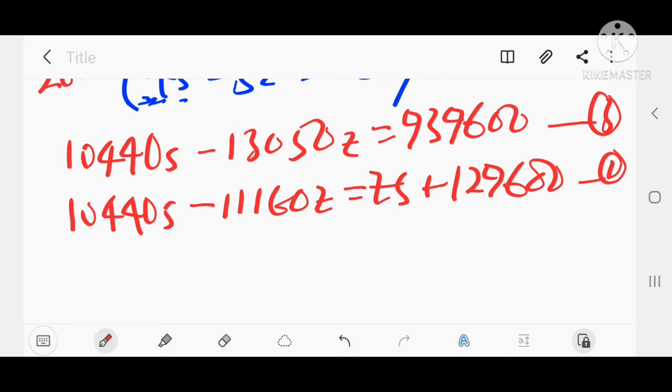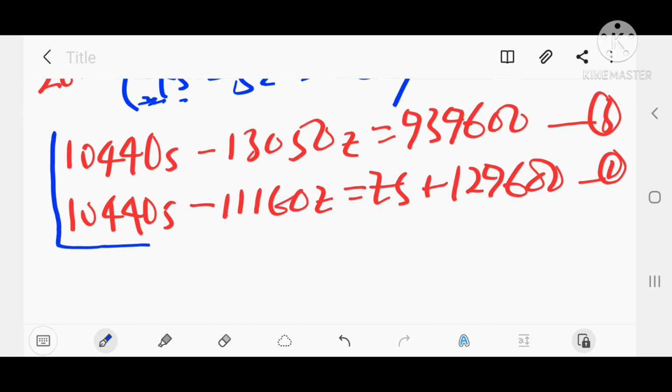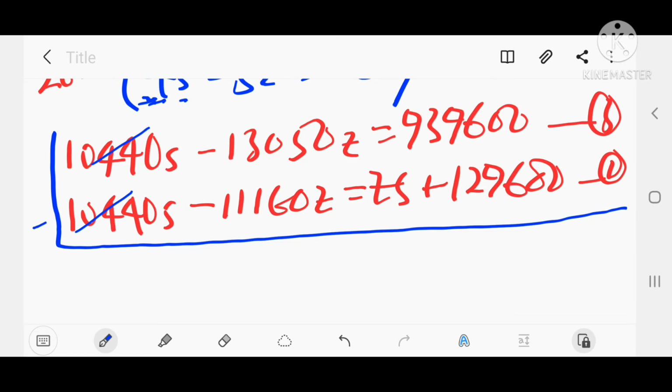So we solve simultaneously, so we subtract. Subtracting, this goes to 0, and this gives us minus 1890z, subtracting 13,050z from 11160z.